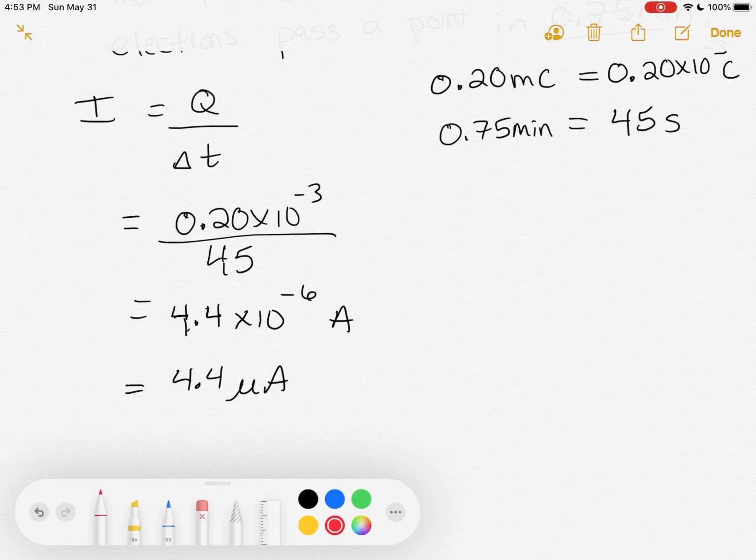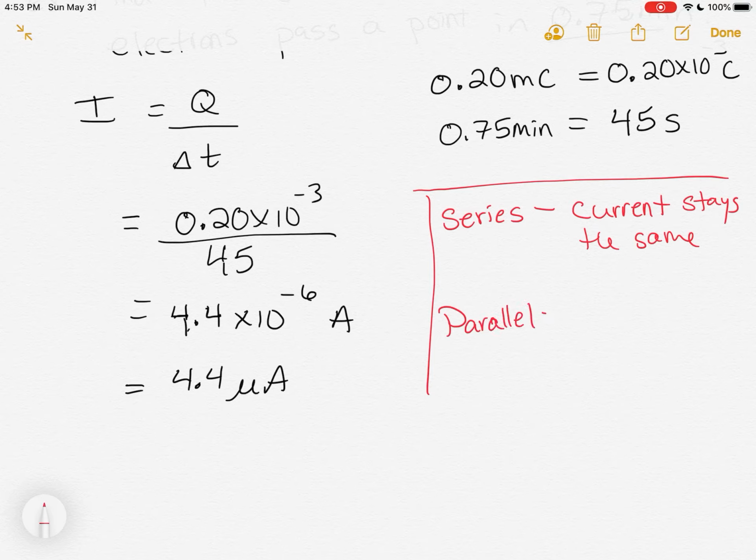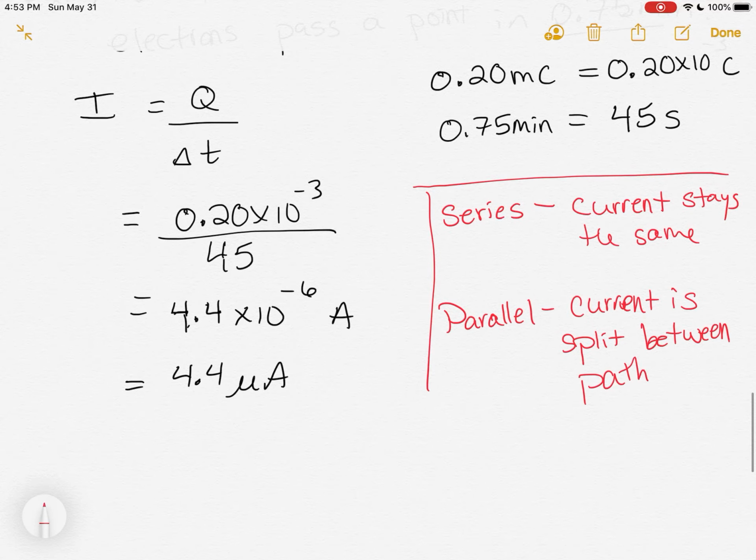Now, when we're talking about current in a series circuit versus a parallel circuit, in a series circuit, current stays the same. And in a parallel circuit, the current is split between pathways.